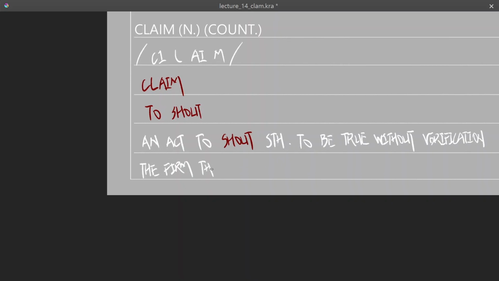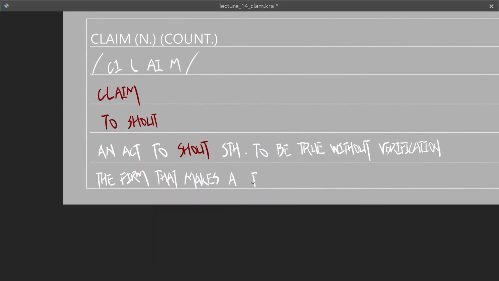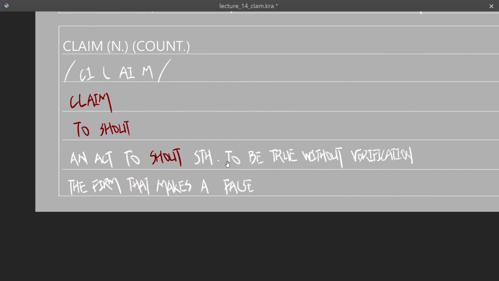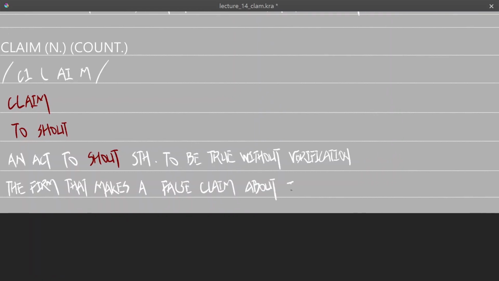So the firm makes a false claim about its product. Claim here is a noun.